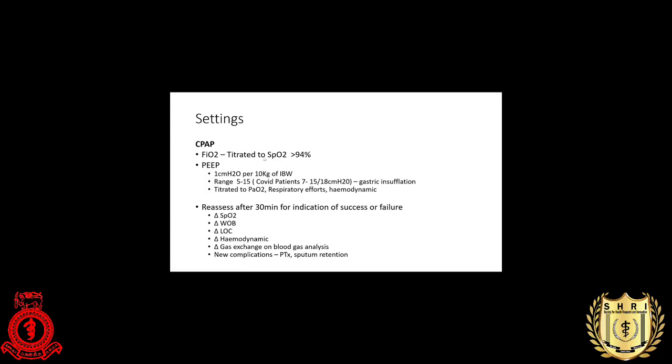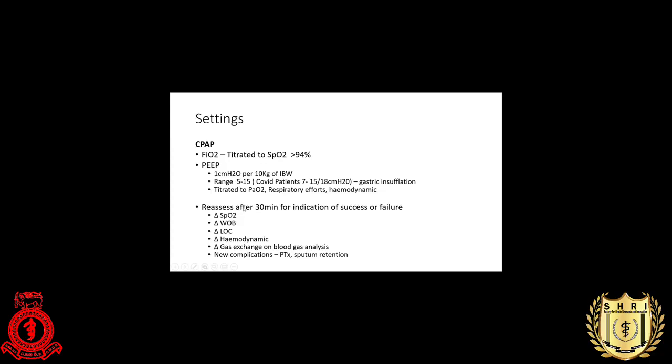While you are increasing the PEEP, you can check the patient's arterial saturation, respiratory effort, and hemodynamics. These are the things we have to monitor once we have started PEEP. Usually after 30 minutes to 1 hour, you can check whether the patient's condition is going to improve or further deteriorate.